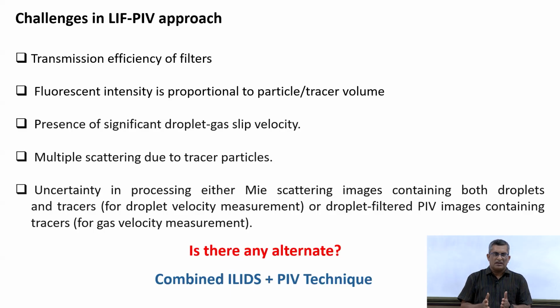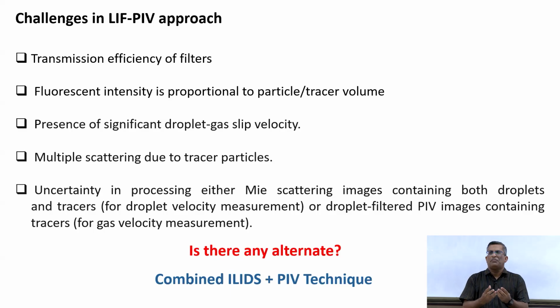Still we can measure particle velocity, but considering that in your interrogation window you now have particles of different size, what you get is some kind of average particle velocity that may not correspond to any particular size.